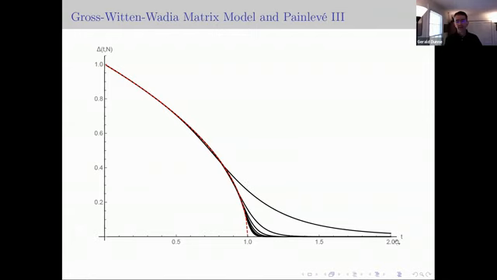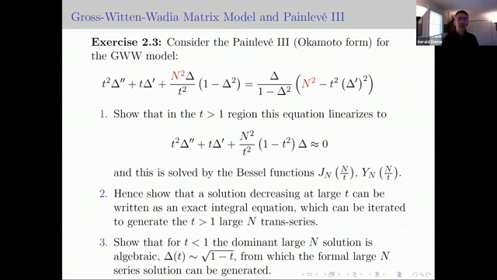But you see it's decreasing rapidly at large t. So we can use that now to study the asymptotics in t being either bigger than 1 or less than 1 as n goes to infinity. So this is this case of parametric asymptotics and parametric resurgence. So here's an exercise. It's not particularly difficult.